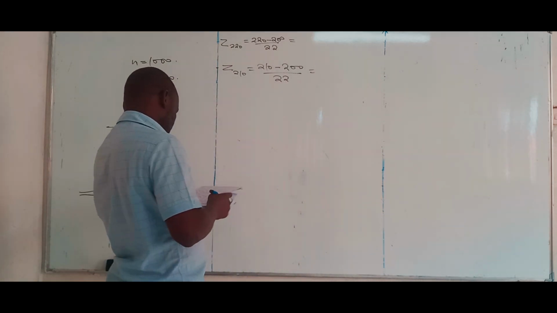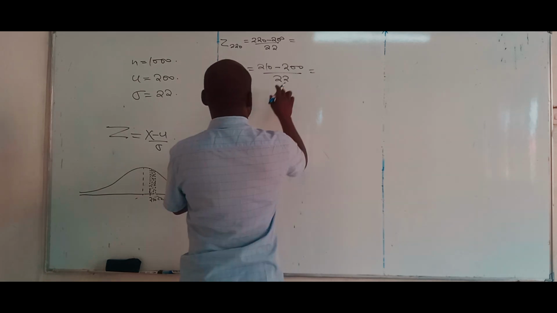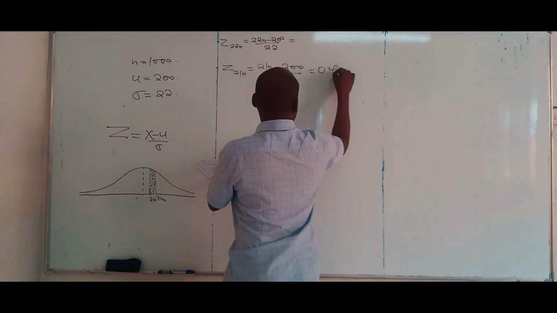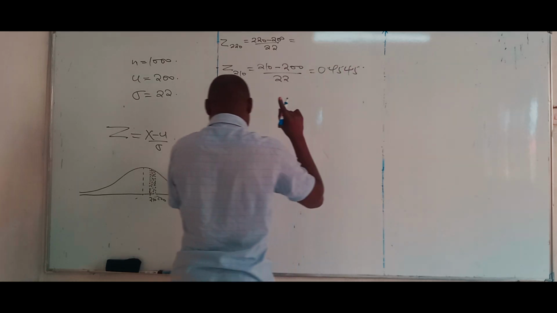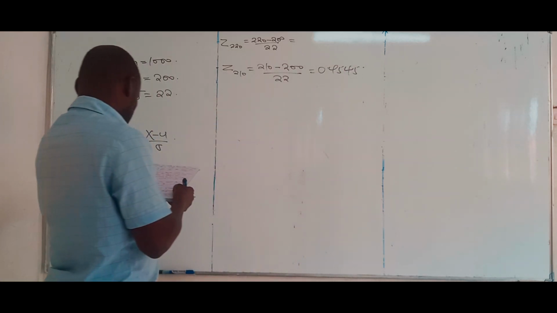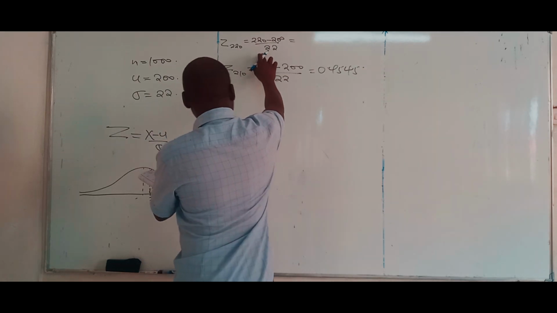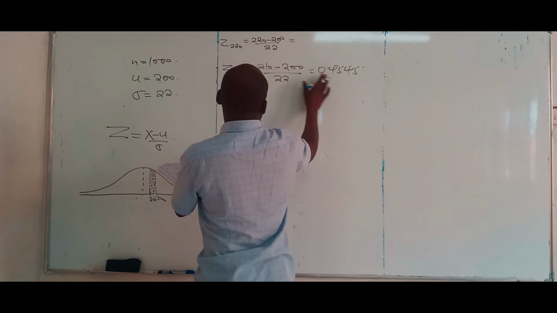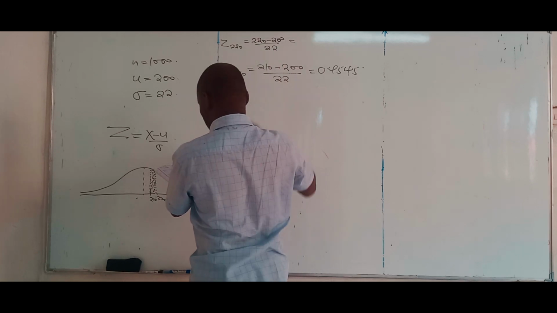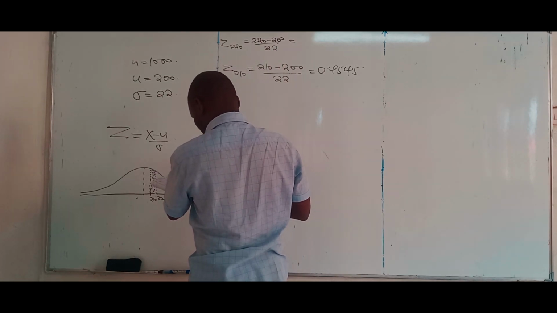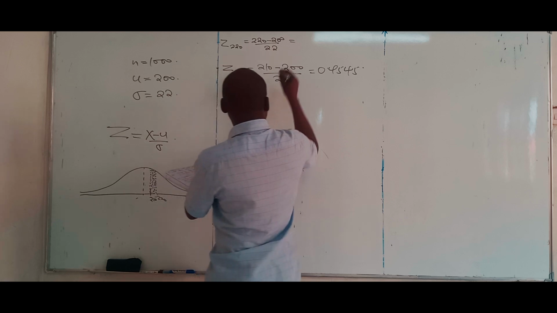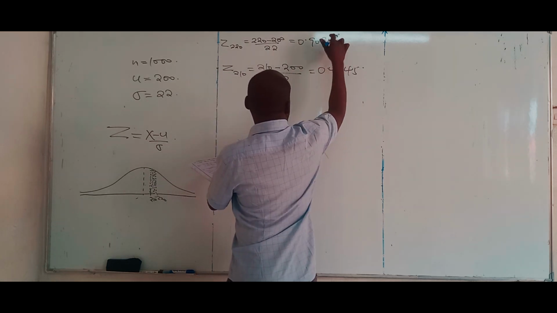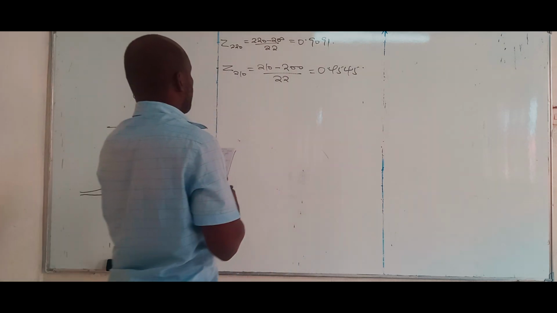In this case, we are going to get a Z of 0.4545 for 210, since 10 over 22 gives you that. Then this will be 20 over 22, which gives 0.9091. So that's what we have here.